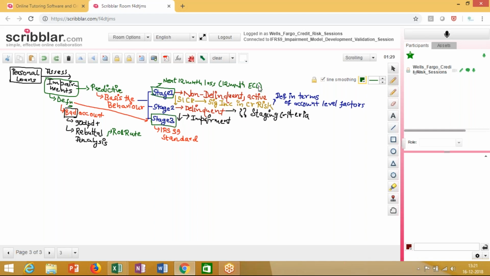So this not only makes the model, the estimation or the risk management process more robust, but it also makes it very flexible in the sense that the borrower is also allowed to flow in between stages basis their performance.